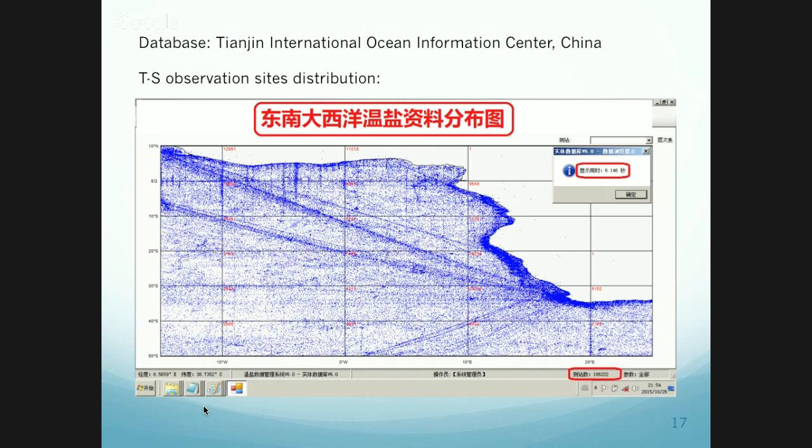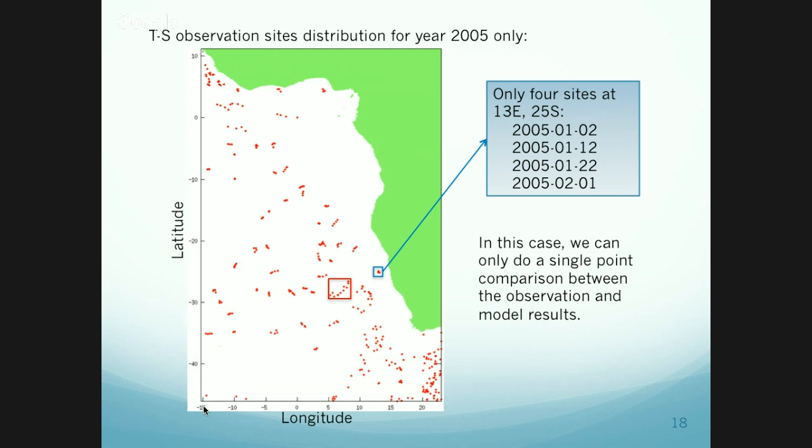But for my current study, I just take the observations in 2005, and it appears that the measurements closest to the coast are here, and there are only 4 measurements. I just did a single point comparison between the observation and my models.